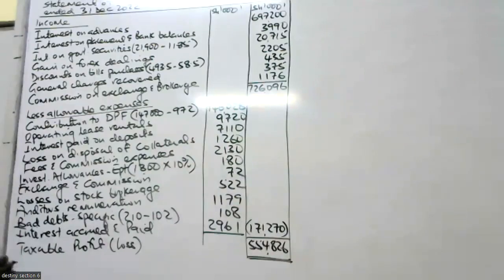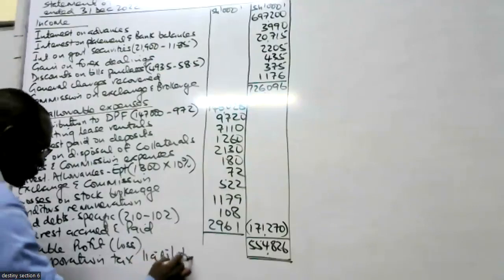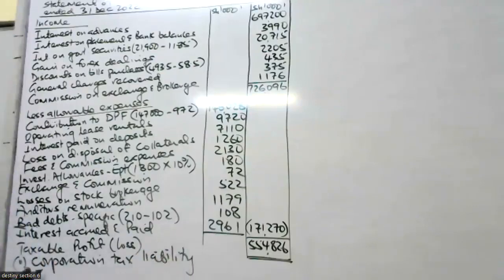Then the examiner wants the corporation tax. It will be 30%.